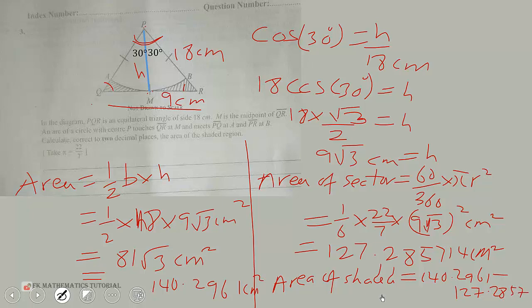So when you subtract this, you get 13.01 centimeters squared. So the area of the shaded region is 13.01 centimeters squared to 2 decimal places.